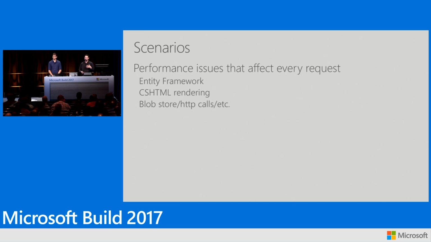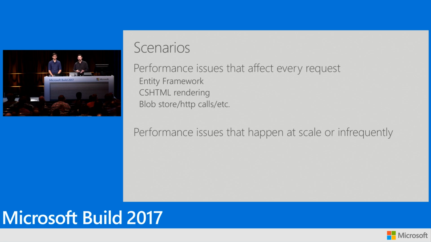And so things like using Entity Framework in certain ways, or just rendering CSHTML, or making calls out to blob storage, HTTP calls. These are things that you have to do in order to serve up the majority of your traffic. So if you can reduce the typical amount of time you spend on a request, you can really deliver a great user experience to a majority of your users.